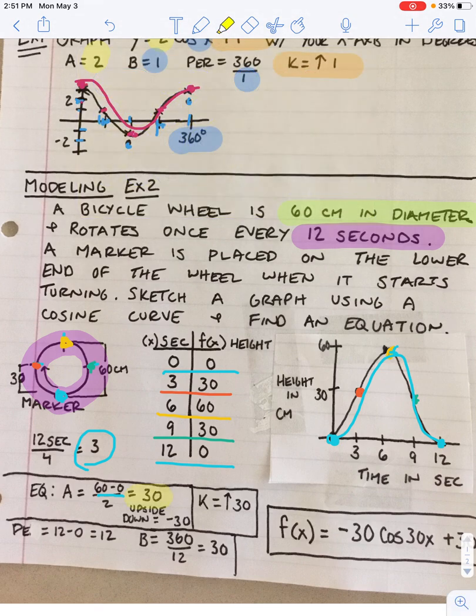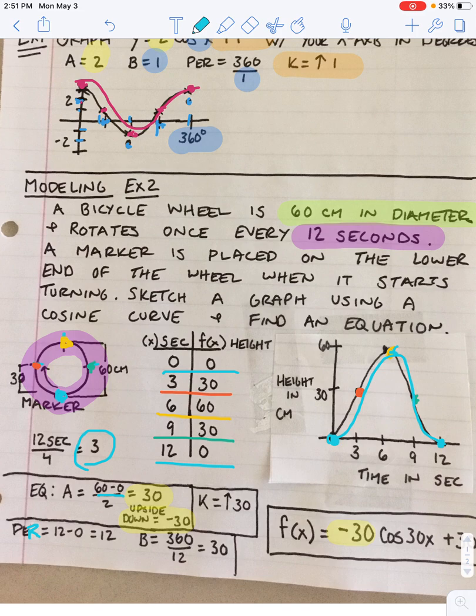Okay. Notice though, this cosine curve doesn't start at the maximum, it starts at its minimum. So really, it's going to be negative 30 for our A value. So we plug that in here, negative 30. Now to find our period, sorry, the R got cut off here. So to find our period, remember we take our furthest point on the x-axis and subtract our earliest point.